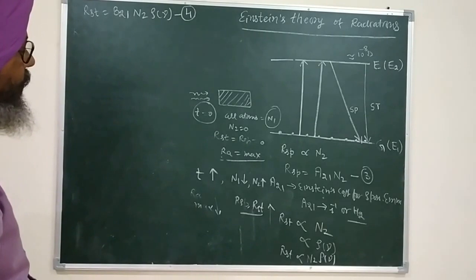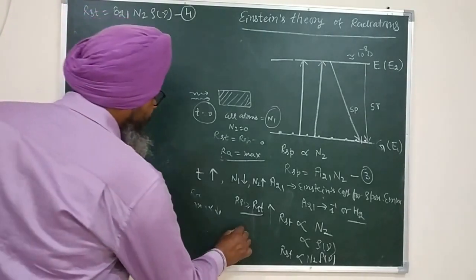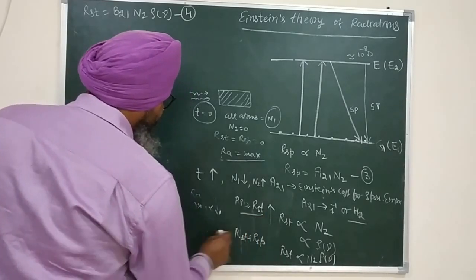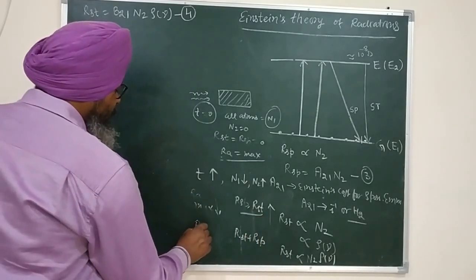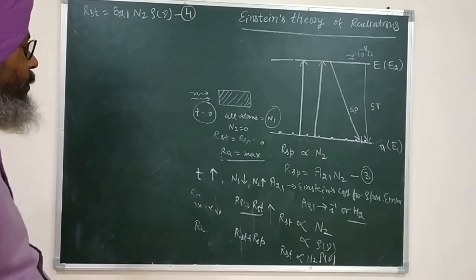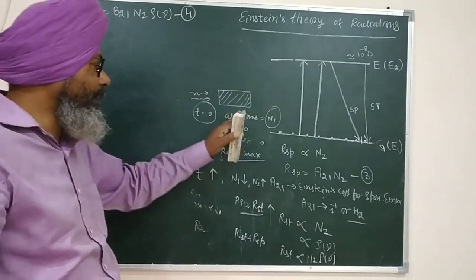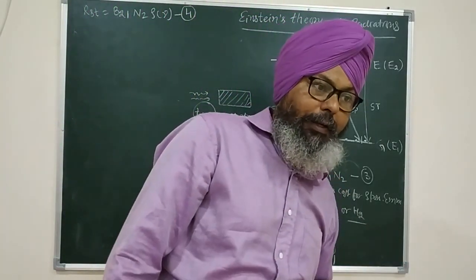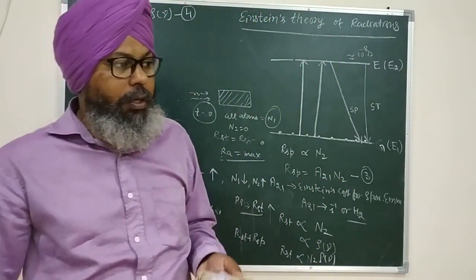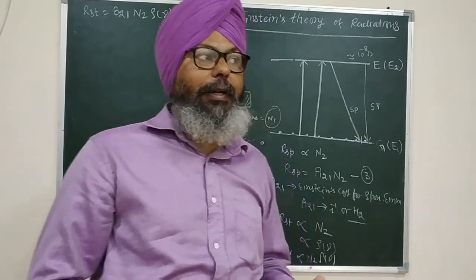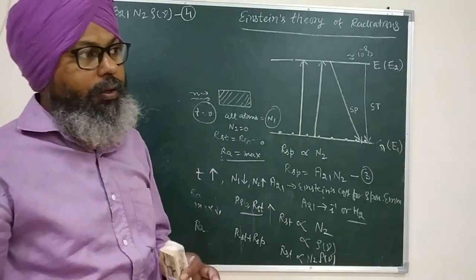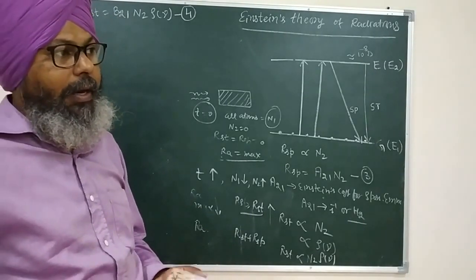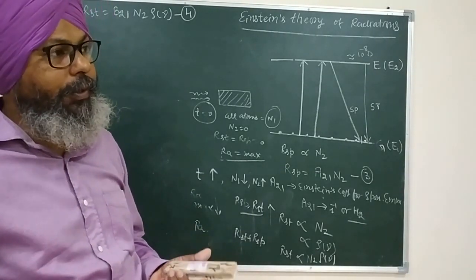So the total rate of emission is actually RST plus RSP, and the total rate of absorption is actually RA. As we put light on the material, initially the material will only absorb light, but as time passes, it will also start emitting light. So the rate of absorption with time will be decreasing and the rate of emission with time will be increasing.